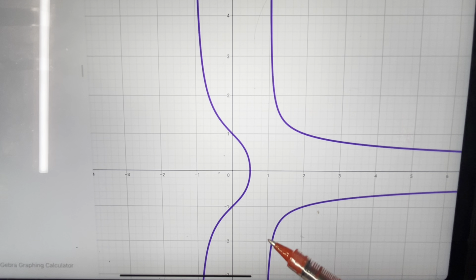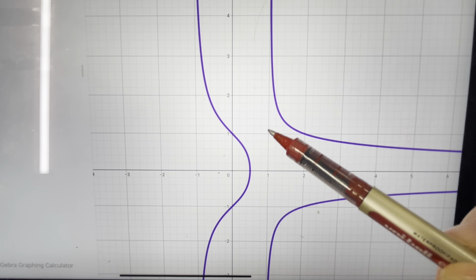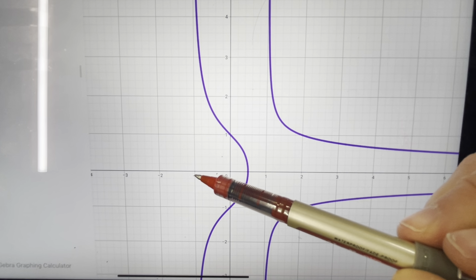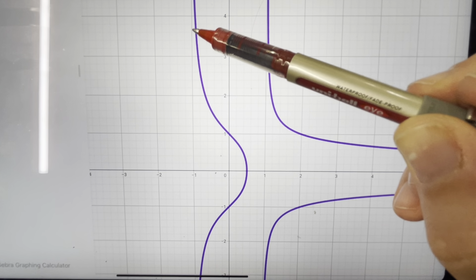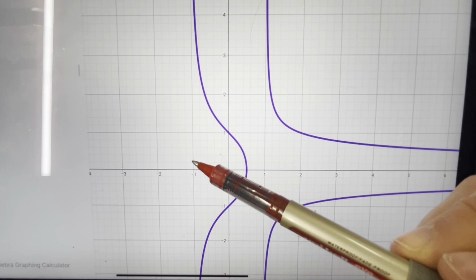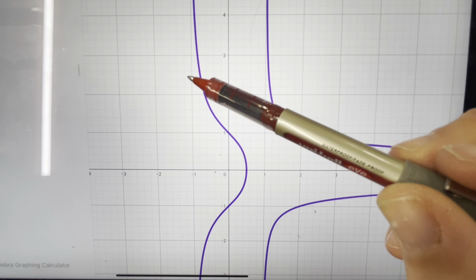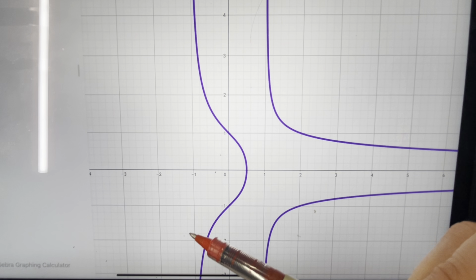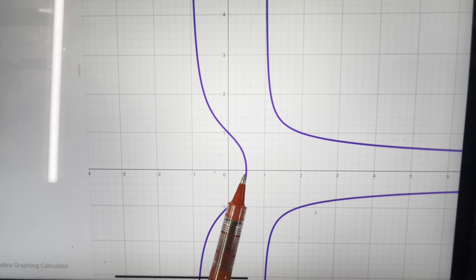It doesn't have any y values when x is 1. And the same thing occurs when x is minus 1. We've got another vertical asymptote here, so we can't find any point on the curve where the gradient is actually infinite when x equals minus 1. But the gradient is infinite here when y is 0, and that was when x was a half. And that is our infinite point.